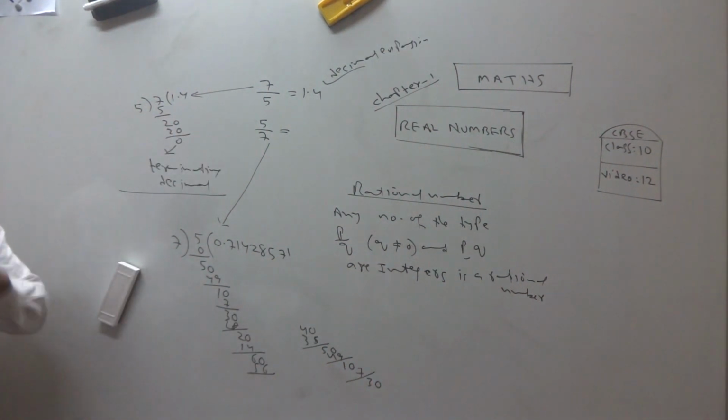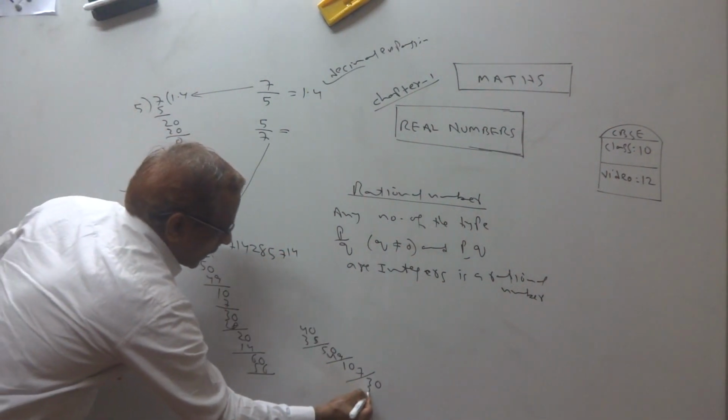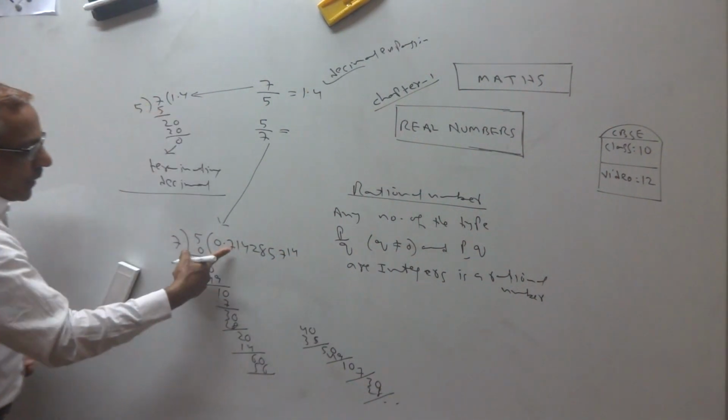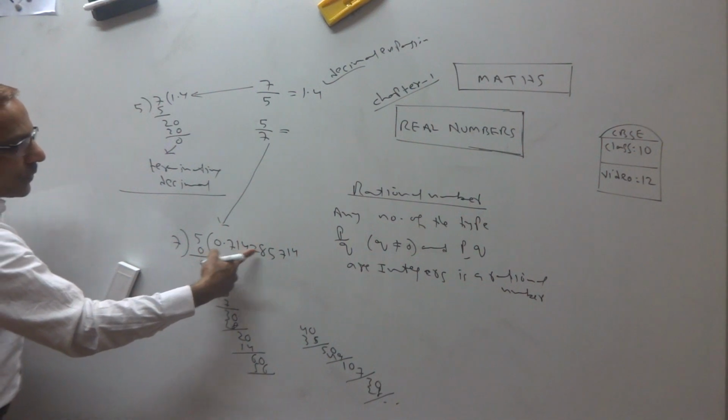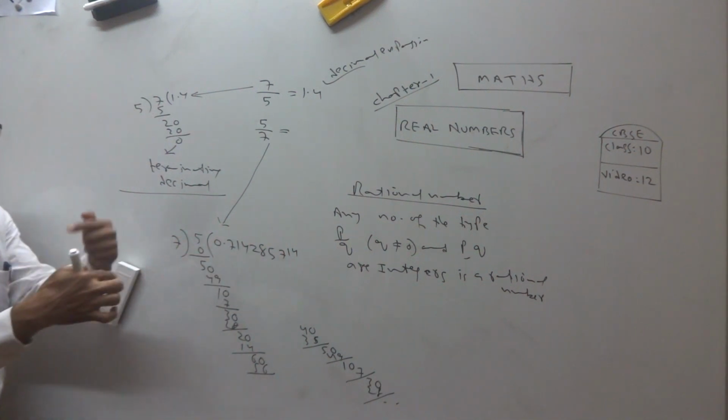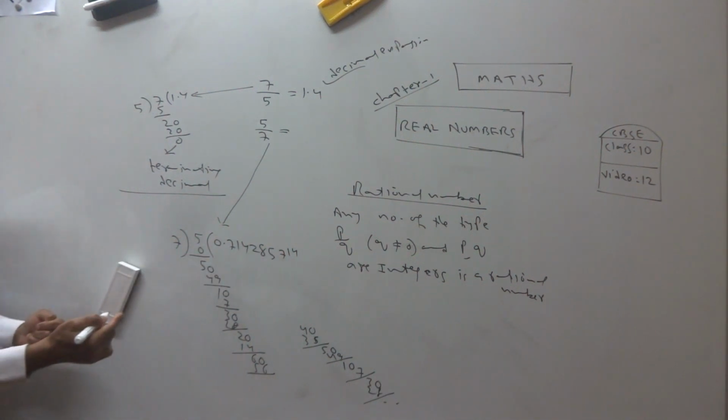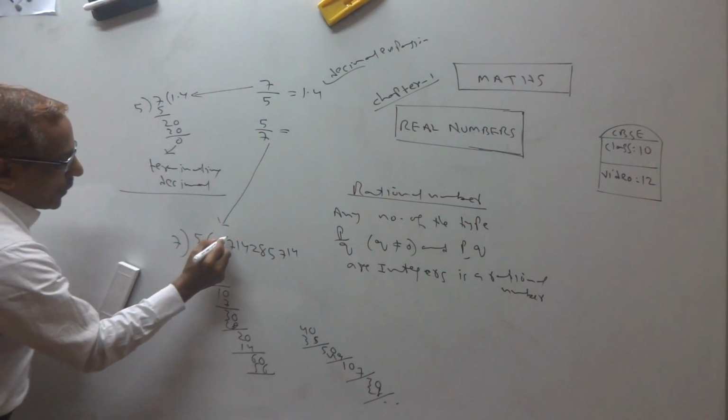Now you notice that 7 fours are 28. 714 has started repeating. That's why we stop there.